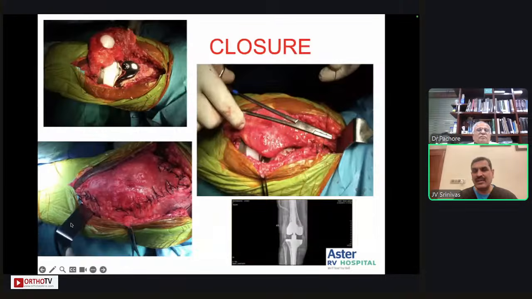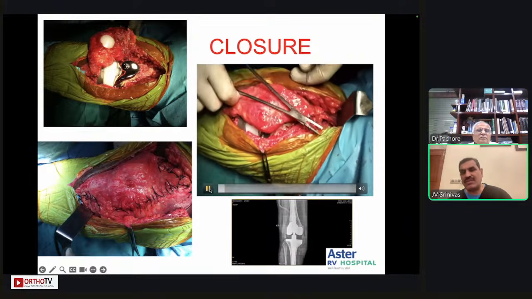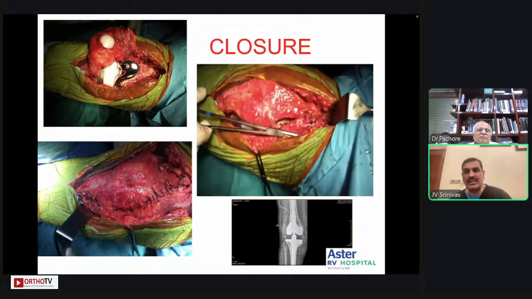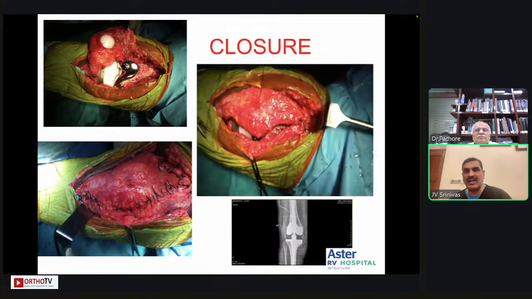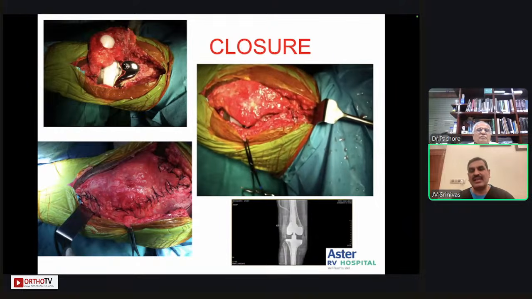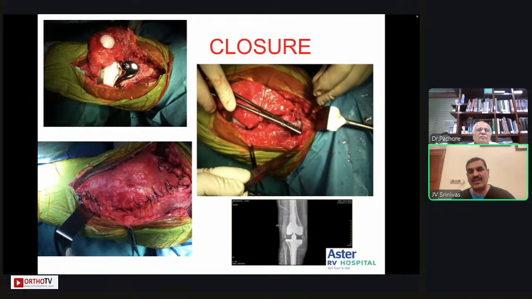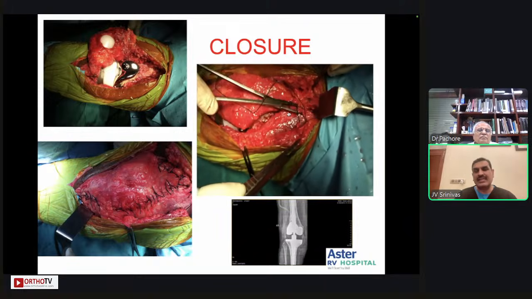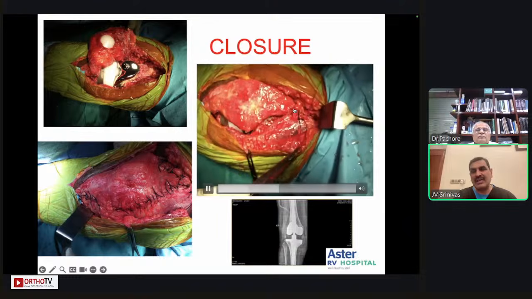Once it is done, if you can notice here, at the apex of your medial arthrotomy, you do one more incision which comes right laterally up to the lateral border of the patella. And once you finish your surgery, you stitch your quadriceps V into Y at 30-degree flexion. Remember, V into Y at 30-degree flexion, not in full extension. That is the apex I'm closing. We have done a V into Y.